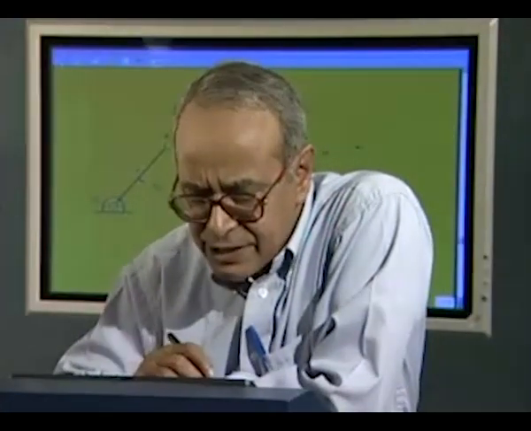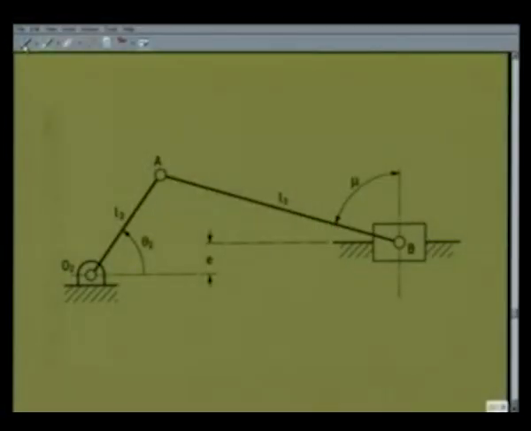We now explain the concept of transmission angle with reference to a slider crank mechanism. This figure shows a slider crank mechanism where the slider is at B undergoing horizontal translation and O2A is the crank.